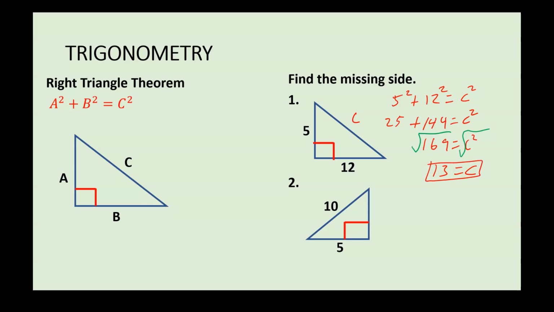Number two, same thing, ladies and gentlemen. We'll call it A. So I know that a squared plus 5 squared is equal to 10 squared. Can we simplify that? So we have a squared plus 25 is equal to 100.